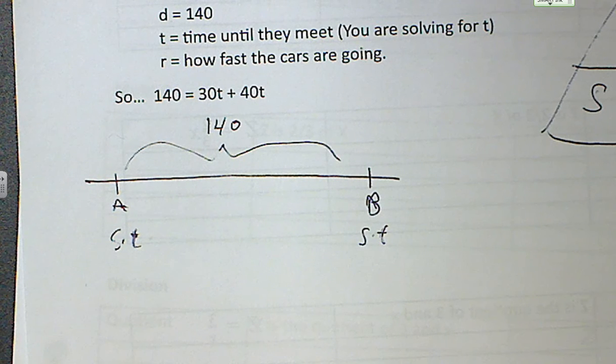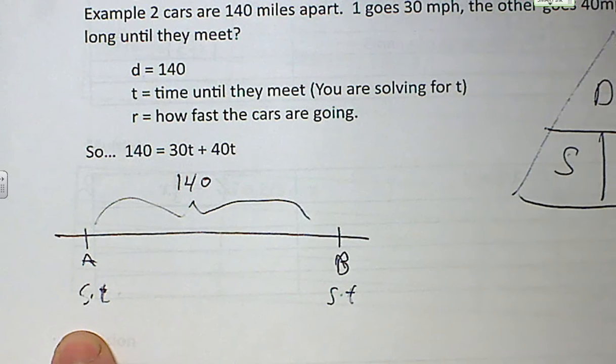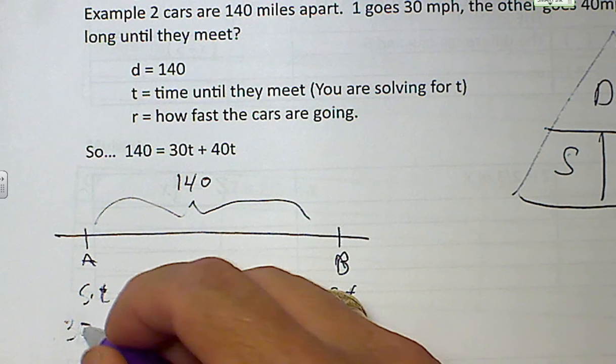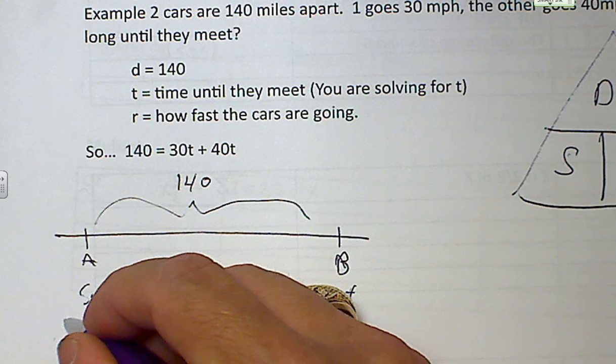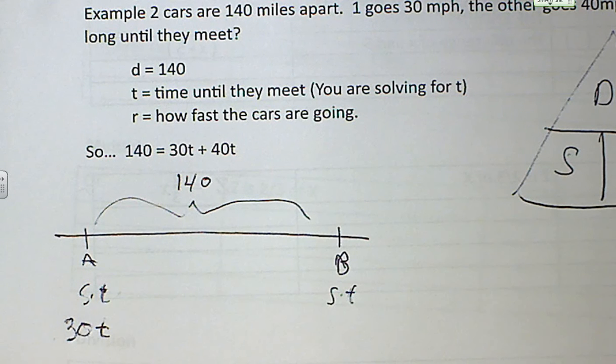Do I know how fast this car is going? Yes. How fast is it going? 30 miles per hour. I don't know how long it's going to go, so 30t. Do I know how fast this car is going? So 40t.